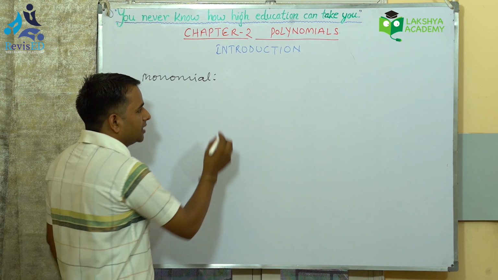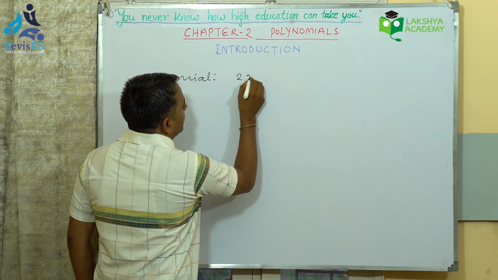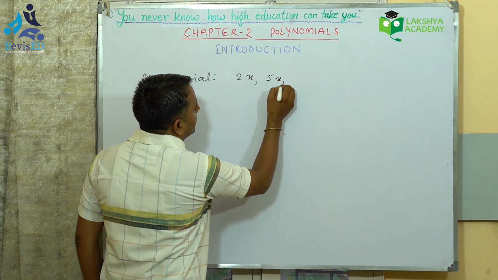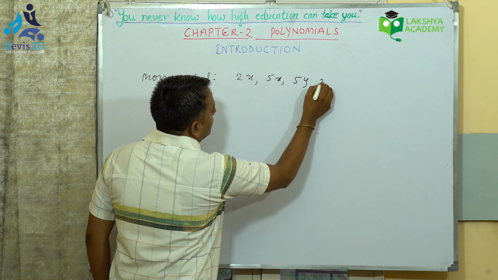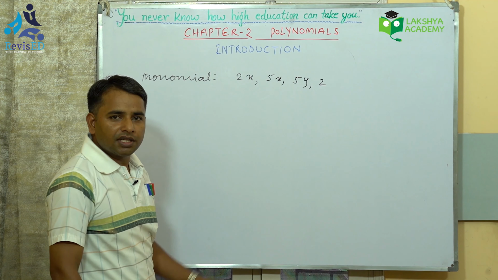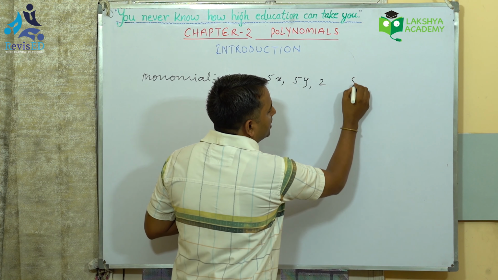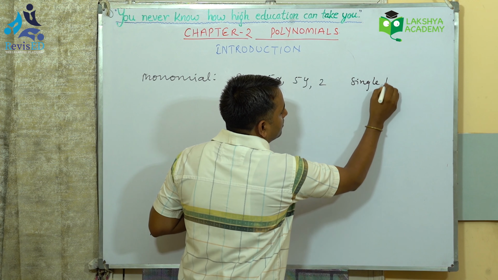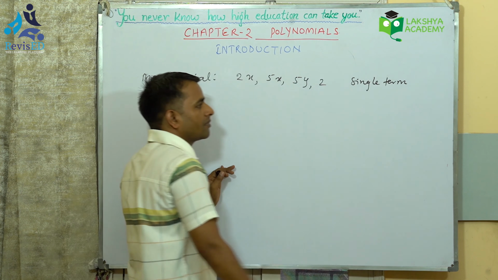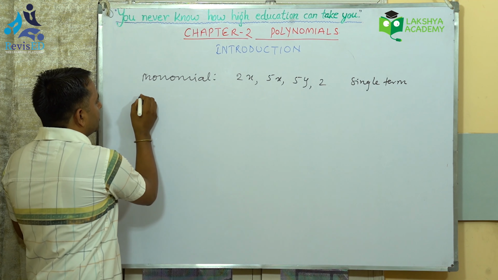Monomials having single terms like 2x, 5x or 5y or 2. These are the monomials. Monomials means having single term. Second was the binomials.